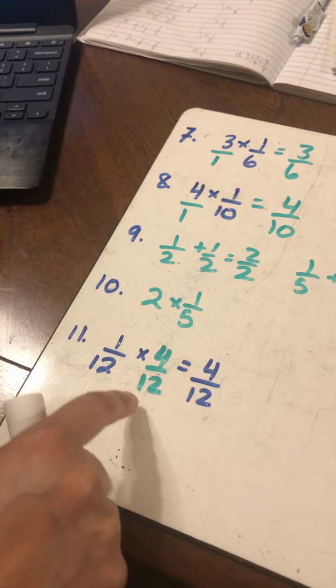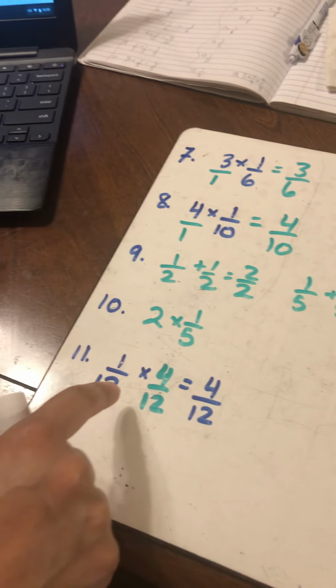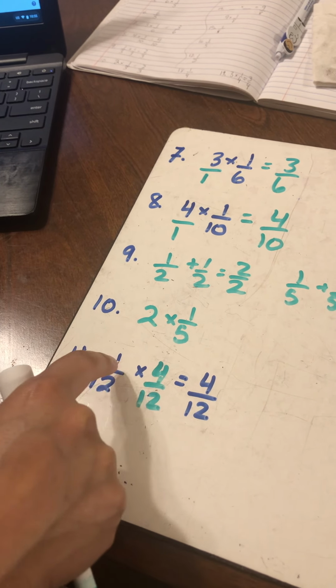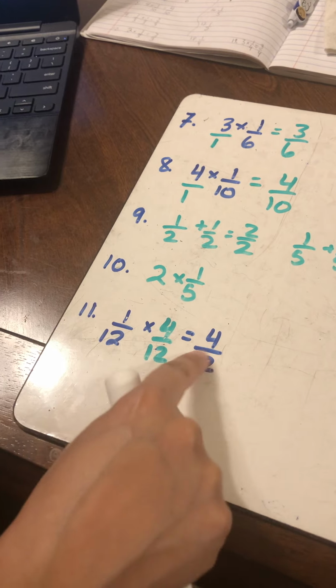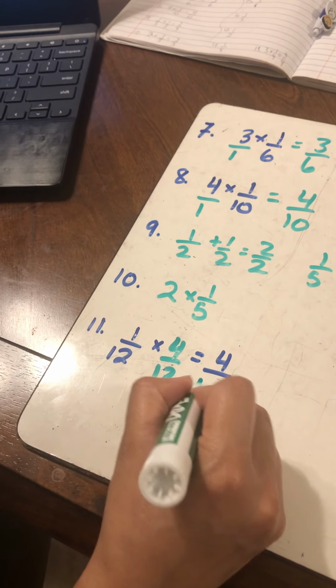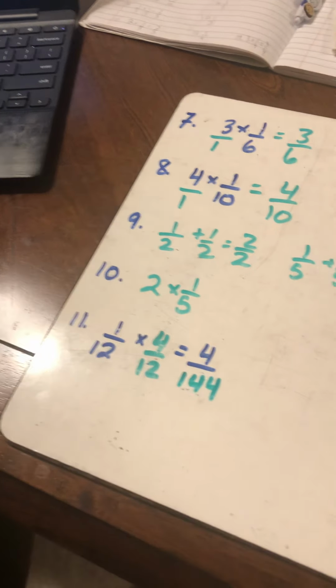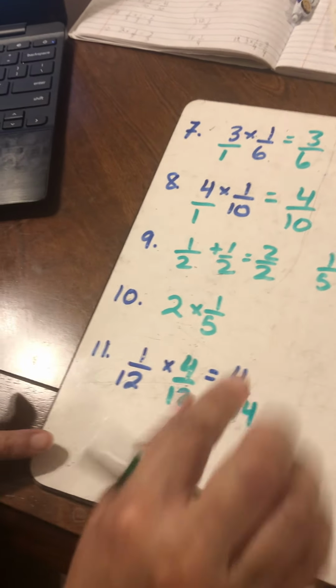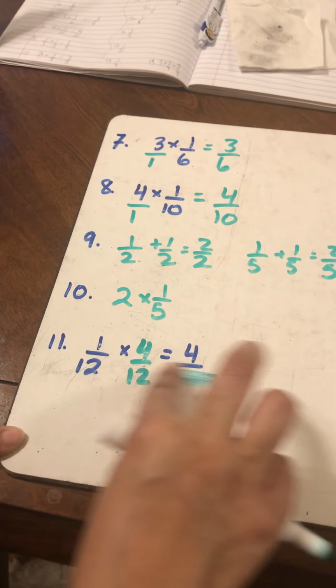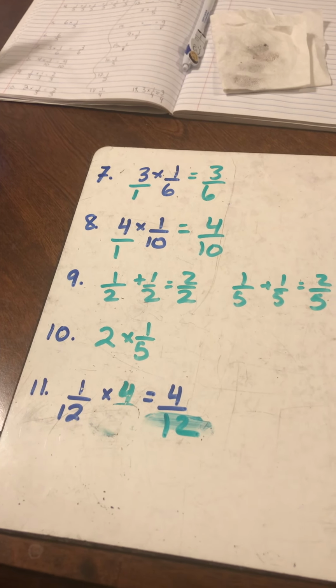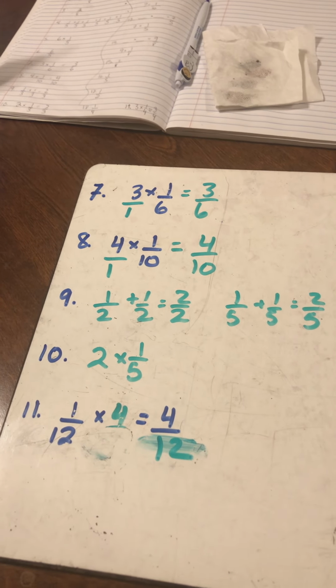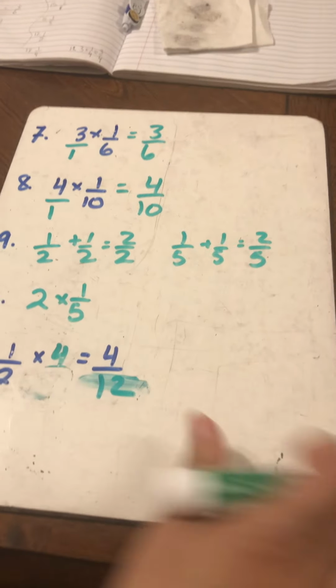However, with multiplication of fractions, we multiply the numerators. So 1 times 4 would give you 4, but 12 times 12 would be 144, which would make that equation incorrect. So the correct number was actually just a 4. 1/12 times 4 equals 4/12.